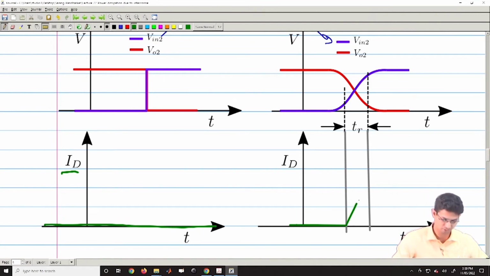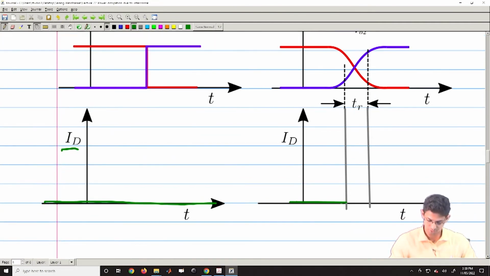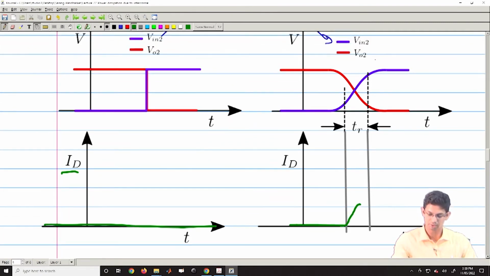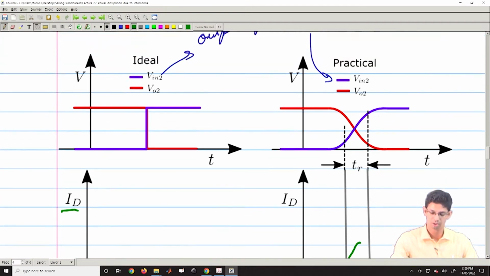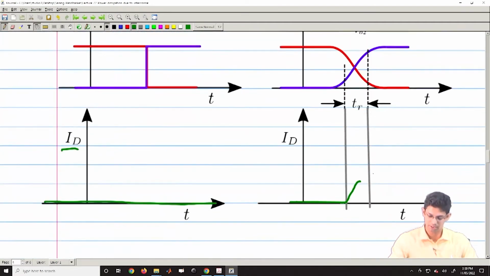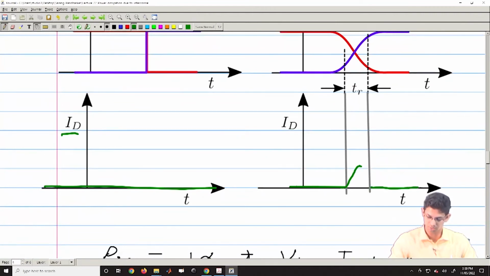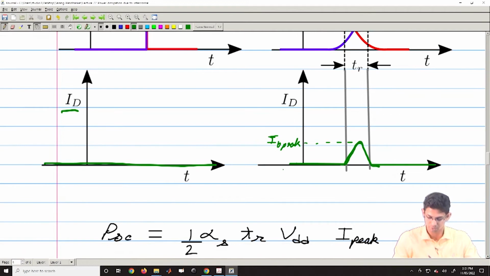Before that, the current was say 0. And then there would be this current, and finally, when this has reached the final state, this has also transitioned, your V out 2 is 0, this has reached a steady state. In that case, again your current will be 0. So, in between there will be current going like this, where there will be some peak current, ID peak, or I peak.